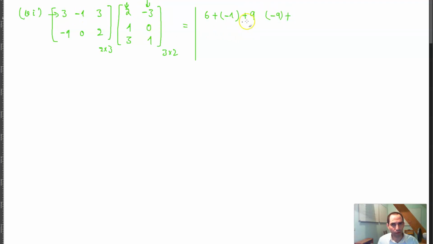And -1 times 0 is equal to 0. And that's a 3. Then you have this row, this column, so that's a -2. 0 plus 6. That's a +3 plus 0 plus 2.